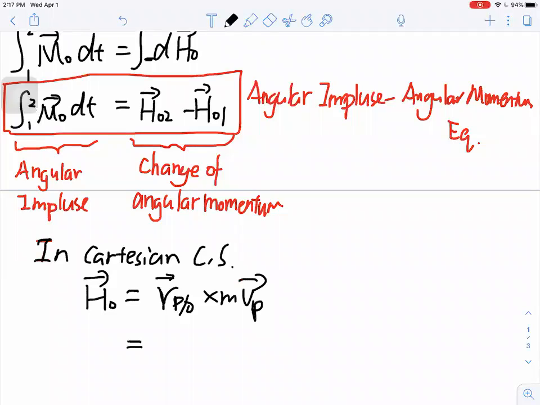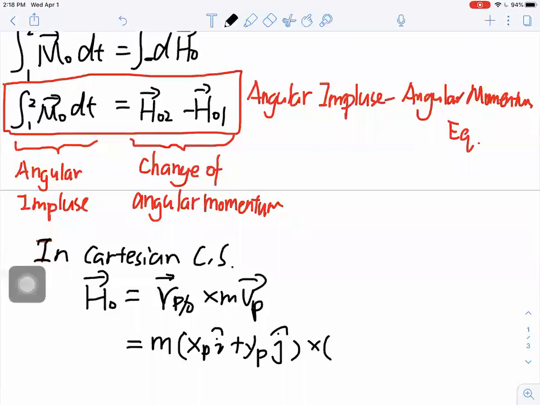If everything is in the Cartesian coordinate system, then there will be mass, that's a constant, times the position vector in Cartesian form, that's the x component in the i direction plus the y component, the distance on y in the j direction, cross the velocity, which is a vector.